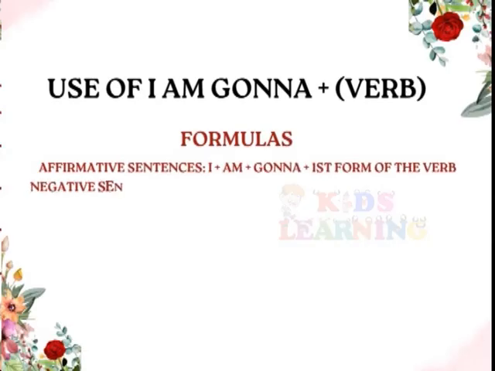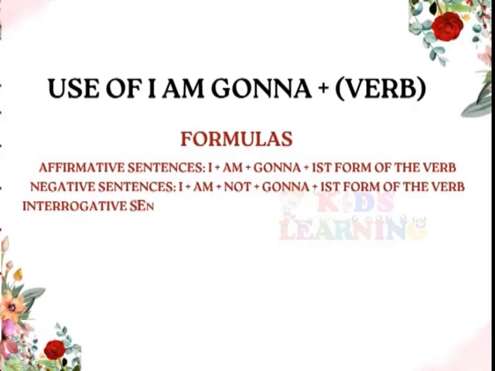Formulas, affirmative sentences: I am gonna first form of the verb. Negative sentences: I am not gonna first form of the verb. Interrogative sentences: Am I gonna first form of the verb?